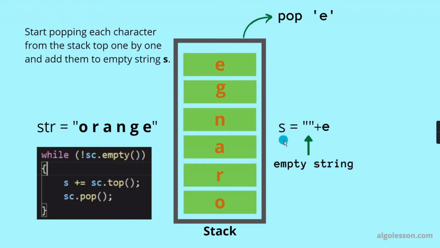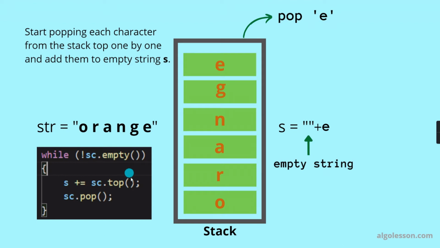So here we created an empty string S, and what we are doing is we are taking the first top character of the stack and we are adding it to the empty string, and we will repeat the process until our stack gets empty. For this, the code we are using is a while loop, and the condition for the while loop is we are going to run this loop until our stack gets empty.